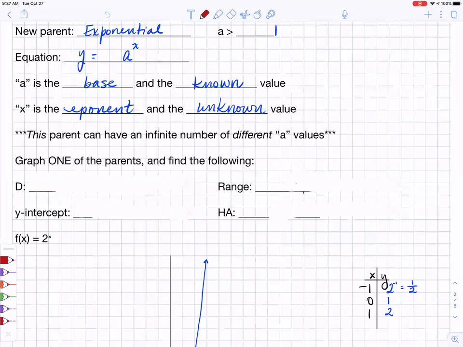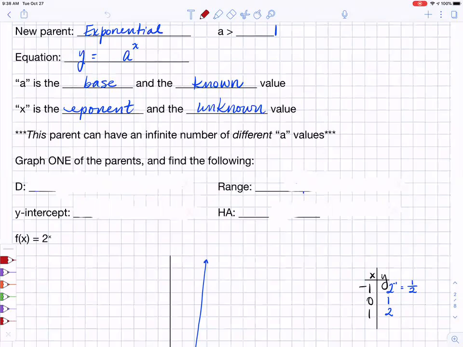Or y equals 10 to the, you get the idea. So these are all the same exponential parents. I'll show you how to know the difference between them, but just understand that my parent equation can look a little different. For the squaring parent, it's always y equals x squared, and it doesn't change.